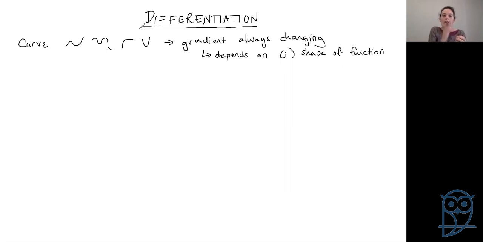But also where we are on that curve is going to affect the value of the gradient. The value of the gradient here is different to the value of the gradient here. So where we are on the curve is all about the value from our x-axis, which is the value of our independent variable.